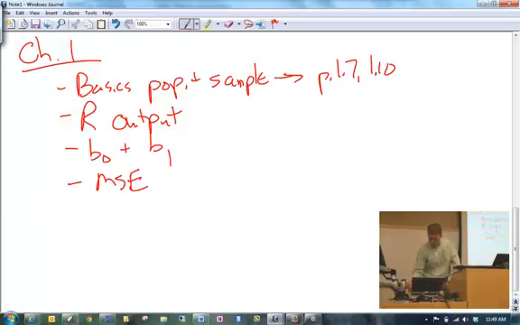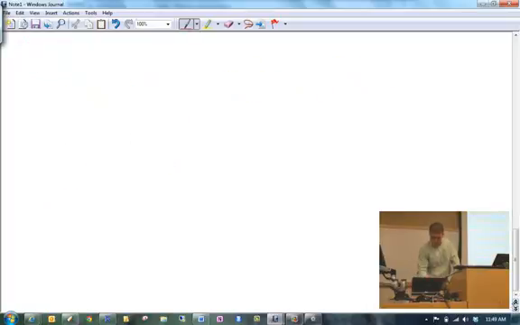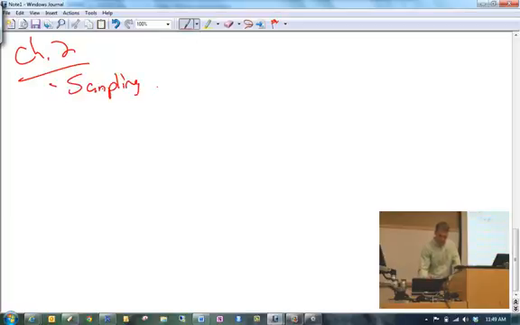So chapter 2 now. One of the big parts of chapter 2 was understanding this thing called the sampling distribution of B1. I think oftentimes introductory students or students who are new to statistics don't necessarily understand the full implications of knowing the probability distribution for B1.